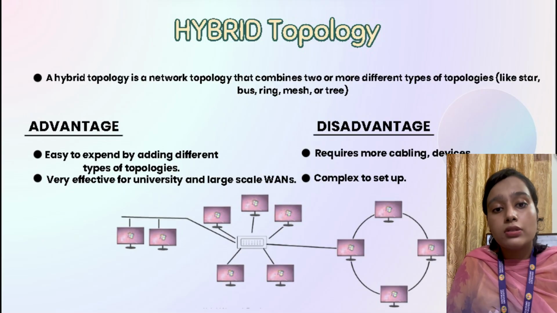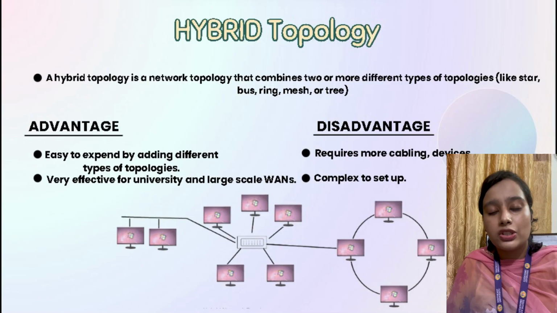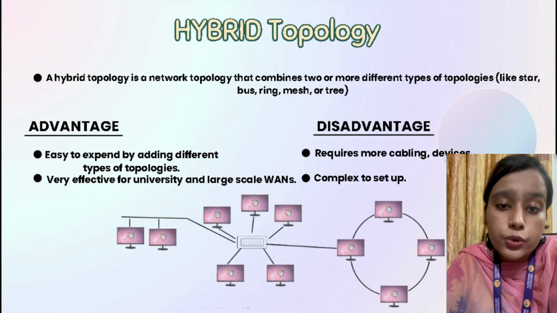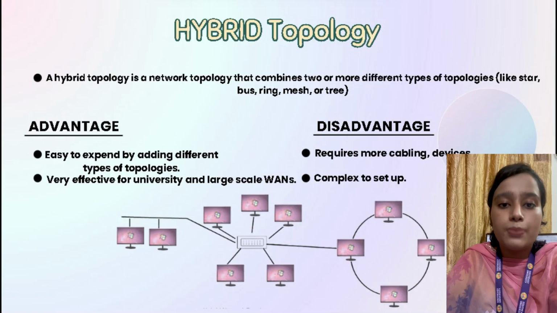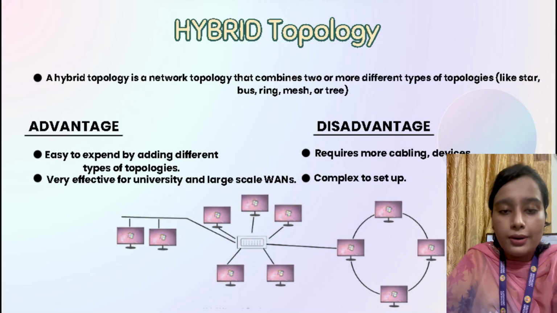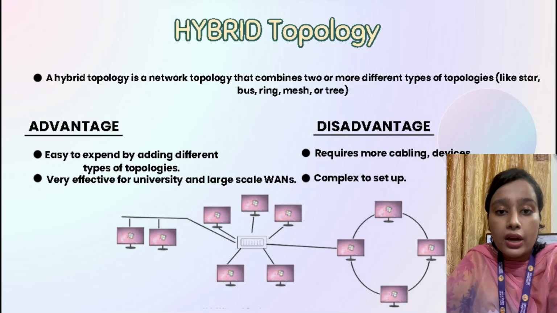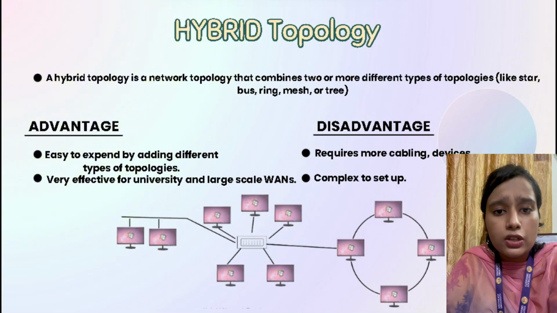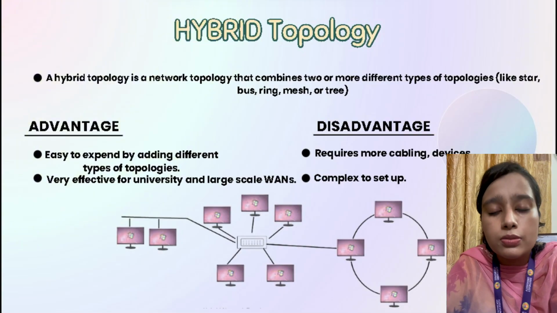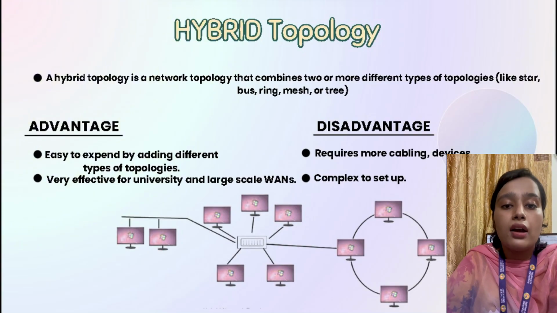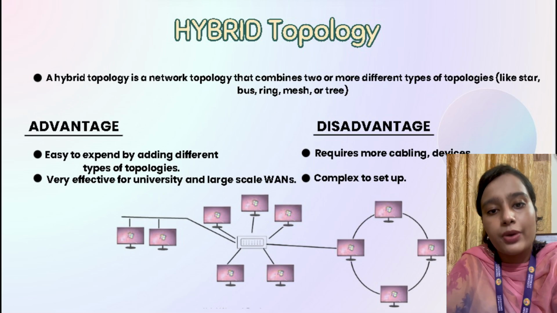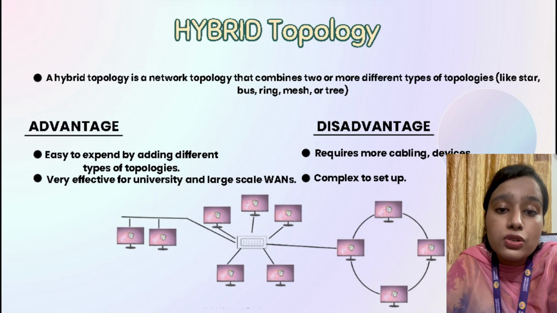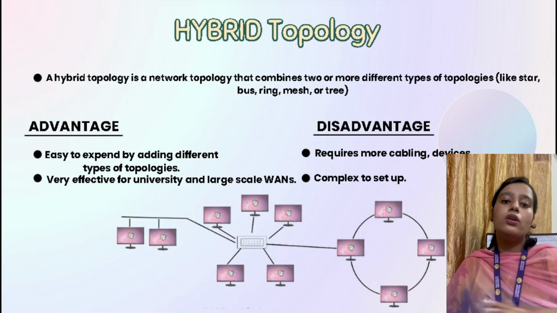It also has some advantages and disadvantages. As we can say, it is easy to expand or extend the network, and it has great connectivity for communication or transmission. And the disadvantages are a lot of cabling and ports, and it's complex to set up. So these are our topologies.